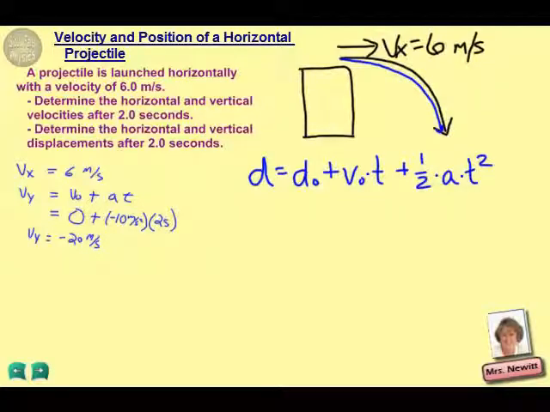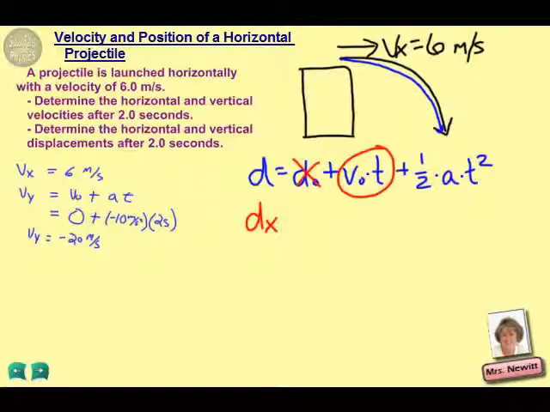We already have our full displacement equation here, and the first thing we need to do is figure out what would be important in the x direction. So notice that first of all, we want to know the horizontal displacement after 2 seconds. Again, we don't need to worry about any initial distance, but we do have an initial velocity.